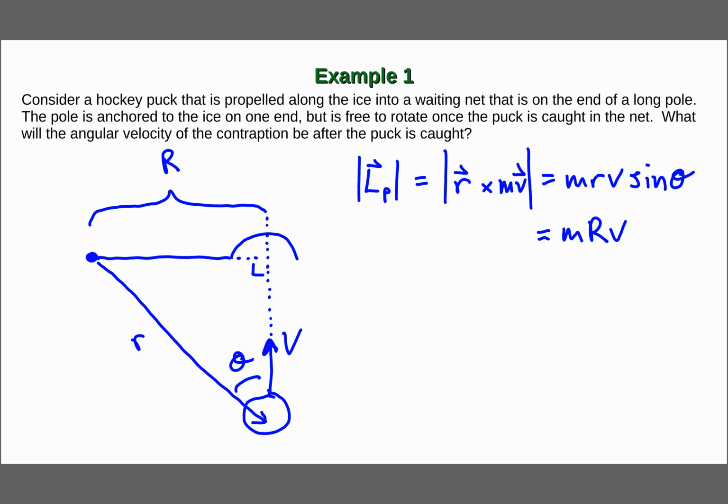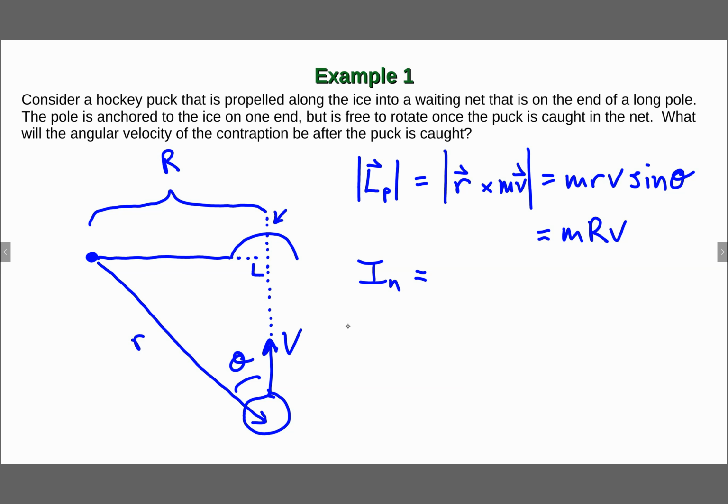And then we need to think about the angular momentum for the different pieces. So if we have I for the net, remember for some object like this, we can take the center of mass, and presumably the center of the mass of the net is along this dotted line somewhere. And then we can treat it as if all the mass is right there.